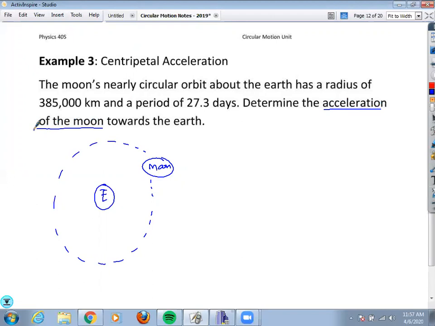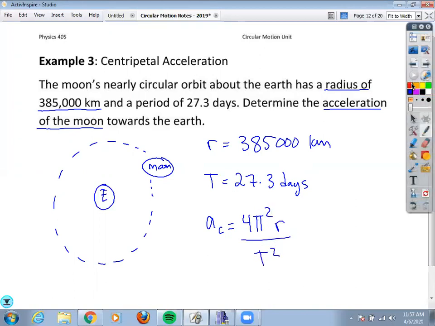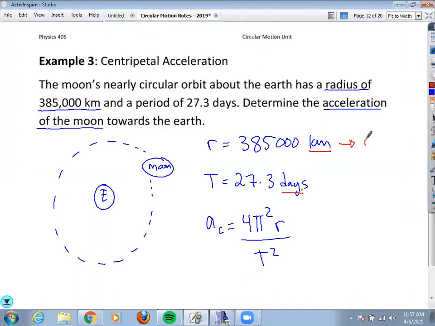We know that the radius is 385,000 kilometers, and the period is 27.3 days. We want to find the centripetal acceleration. Because we know the period and the radius, it's going to be 4 pi squared r divided by T squared. But note, you've got units to deal with. Kilometers have to go to meters, and days have to go to seconds. That is the work here, doing the conversions.